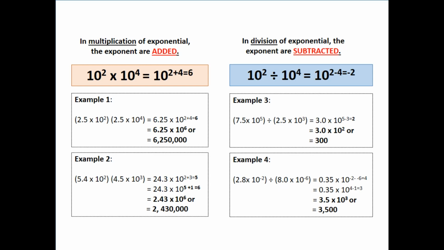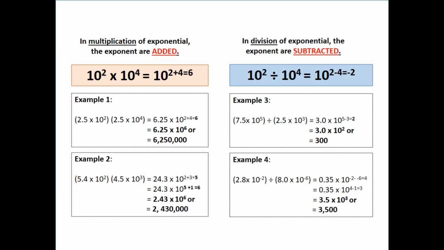Example number 3, 7.5 times 10 raised to the power of 5 divided by 2.5 times 10 raised to the power of 3. What you do is the same as in multiplication, but this time you divide. Okay, so 7.5 divided by 2.5, we have 3.0. So copy times 10. And then you have exponents which are 5 and 3.